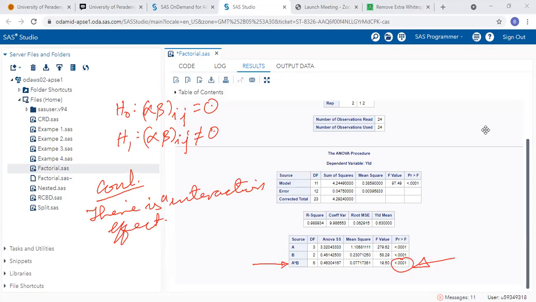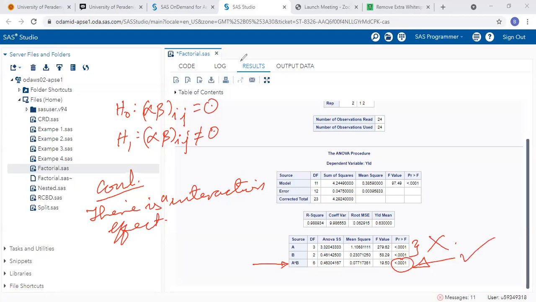What is next? Anyone? Find out the main effects? No, main effects, we said that if there's an interaction, we don't go for main effects. I said if there's an interaction, we don't want to check for the main effects because the interaction effect is significant.